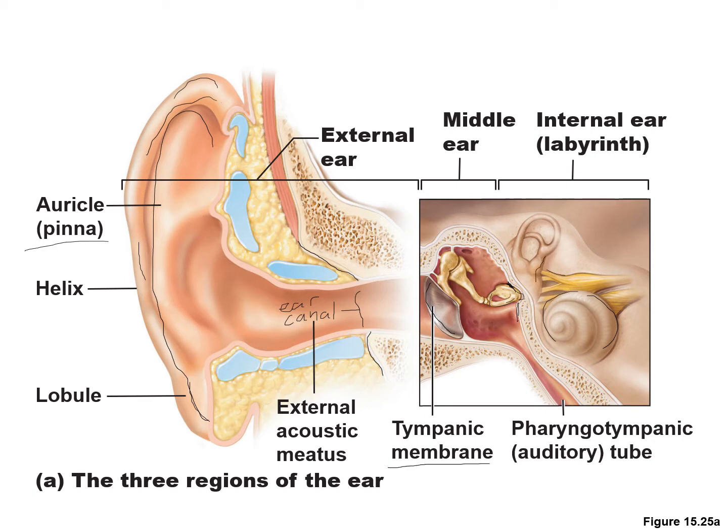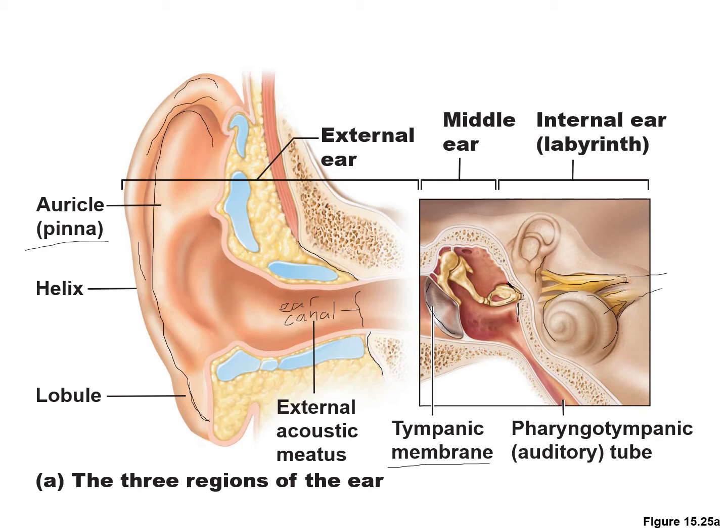Here we see the two nerves that send the signal from the organ of hearing and the organ of equilibrium, and eventually those two nerves join together into the vestibulocochlear nerve, which is a cranial nerve. So that is the basic overview of the three regions of the ear.